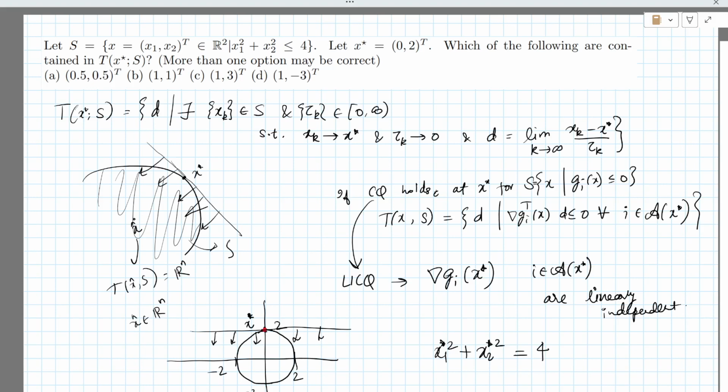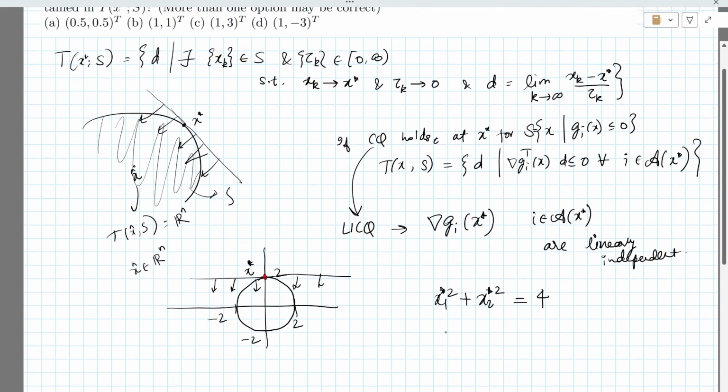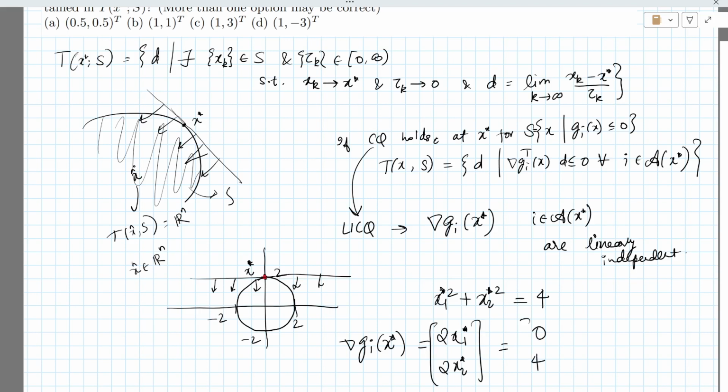And if you look at the gradient, it is 2x, which is basically (0, 4). So you have only one gradient, so it's linearly independent.